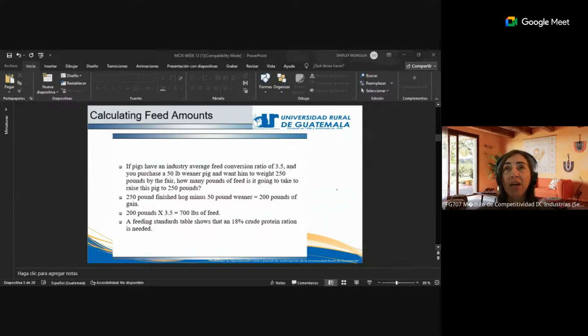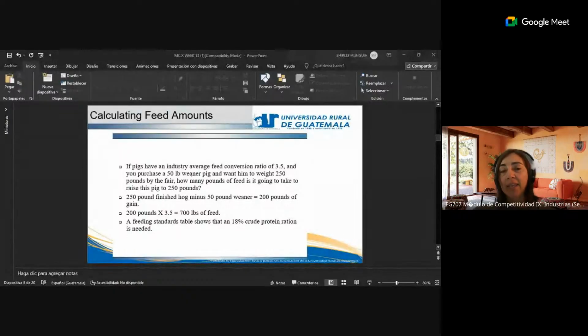So at the end of this cycle, we want this pig to weigh 250 pounds. So we're going to multiply the 200 pounds that we have here by 3.5. But where did we get this 3.5? Well, this is an average that comes from the food industry.